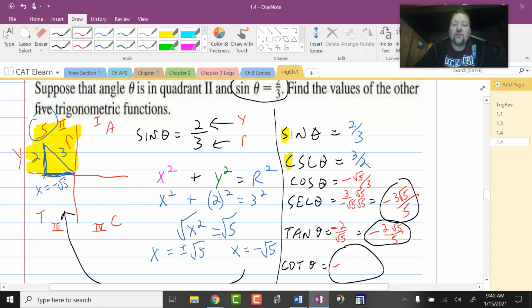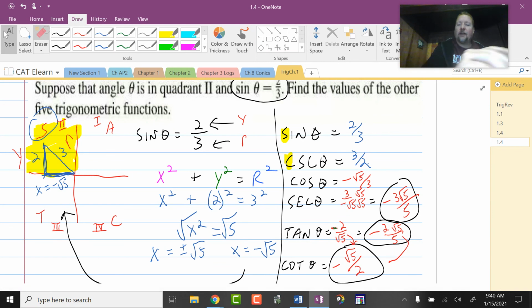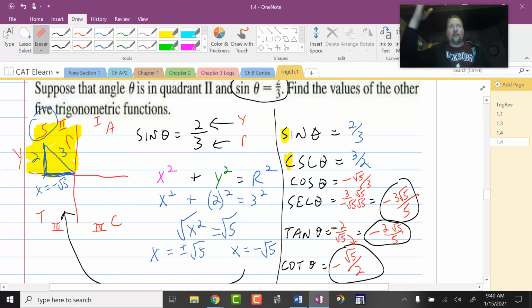Same rationalization. Multiply both top and bottom by root 5. Don't flip this. Flip this. Or look up there, and cotangent is x over y. Right? You flip that nasty little answer for tangent, you create reducing problems. Right? It just makes it a lot tougher.